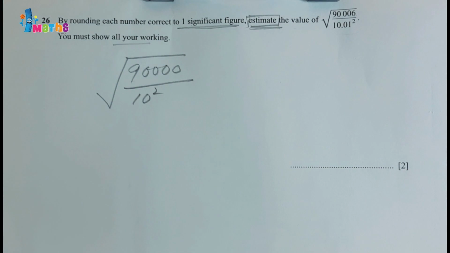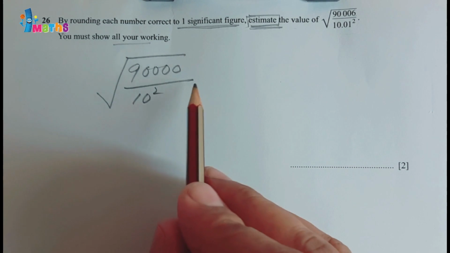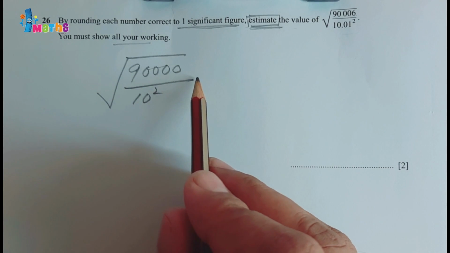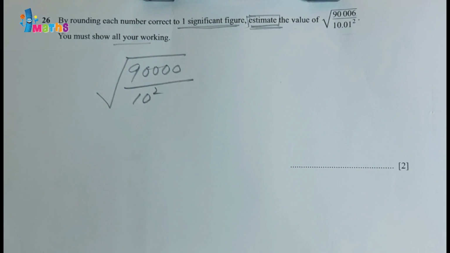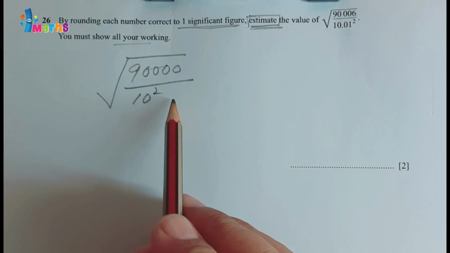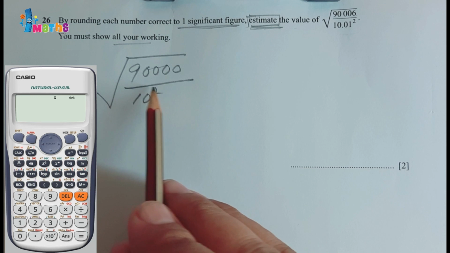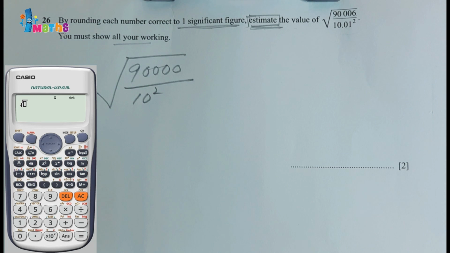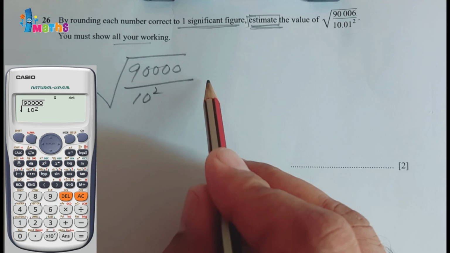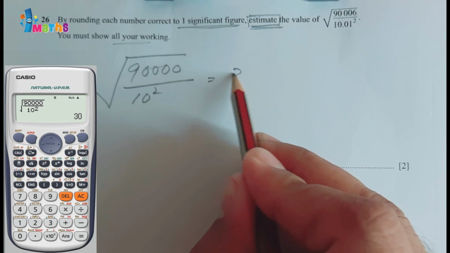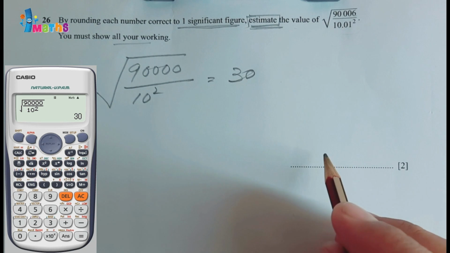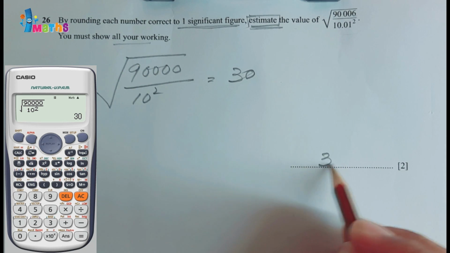Now after this we can solve it with the calculator, and we will type in the calculator 90000 divided by 10 square under root. This will be equal to 30. So our answer will be 30.